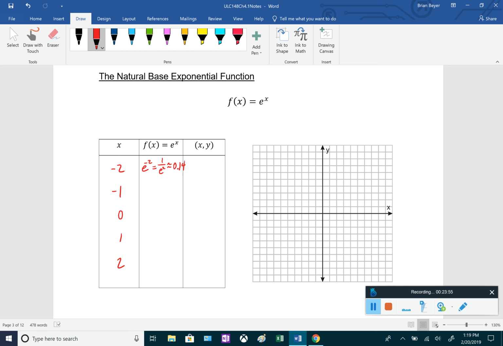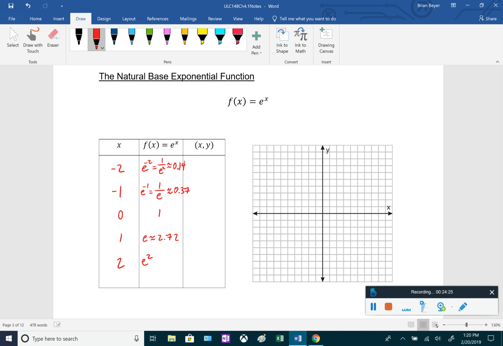Plugging in -1, e to the -1 is 1 over e to the 1, which is going to be about 0.37. And then e to the 0 is going to be 1. E to the first is just going to be e, which we know is about 2.72.